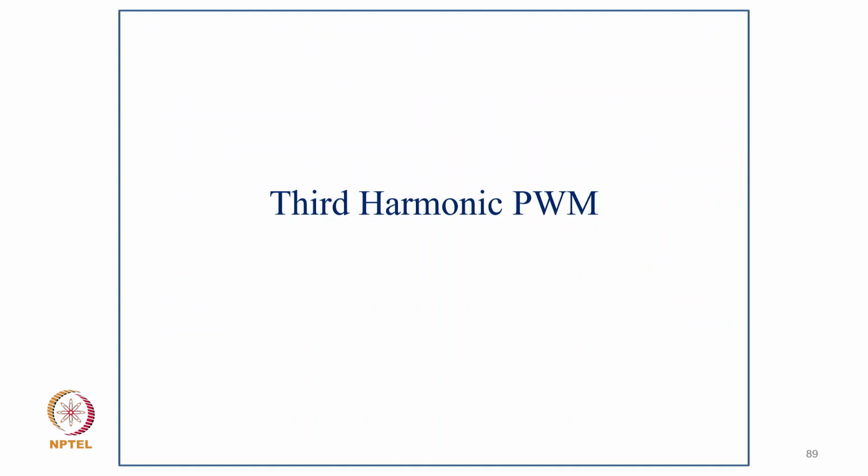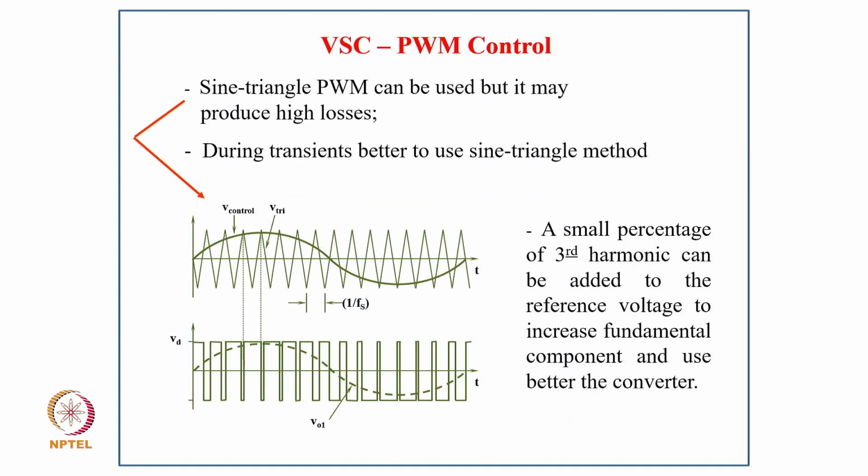So now coming to third harmonic PWM. Typically the sine triangular PWM can be used, but it may produce high losses during the transient. It is better to use the sinusoidal triangular method, and a small percentage of third harmonic can be added to the reference voltage to increase the fundamental component and better utilize the converter.